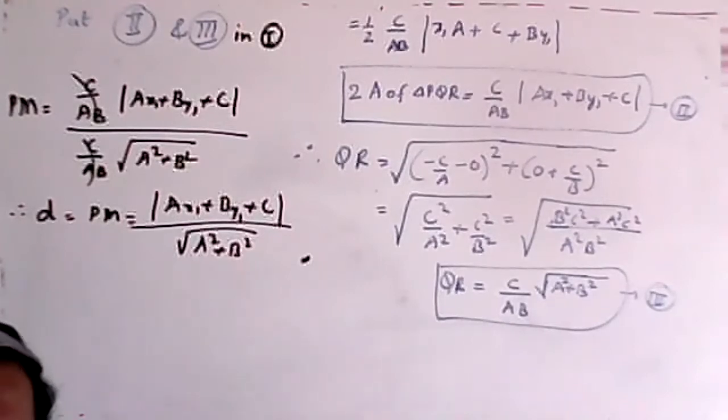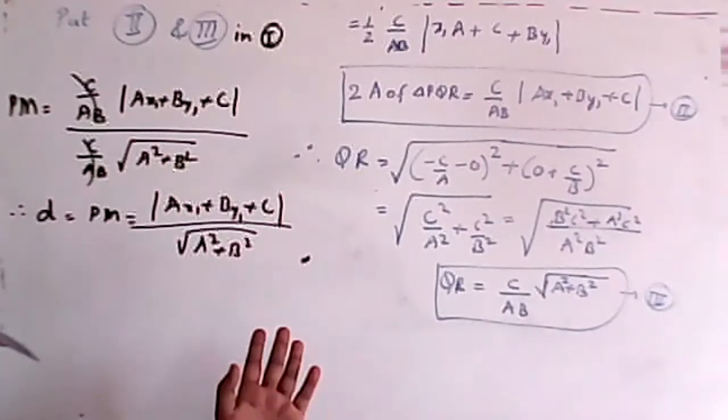Okay. We'll go to the next concept now. If two lines are parallel, then how do you find the distance between those two parallel lines? You learned that for a point outside a line, we derived how to find the distance from that point to the line.